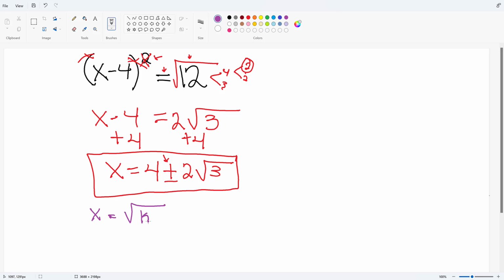This is the square root property. x is equal to the square root of k, or x is equal to negative the square root of k. Here's your plus, here's your minus. That's in your square root property rule.